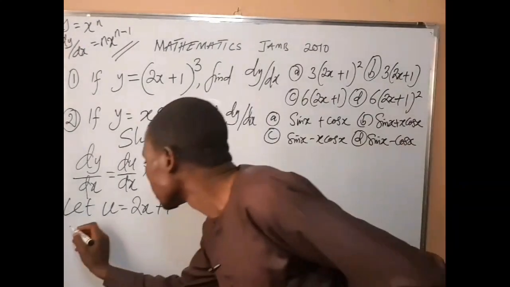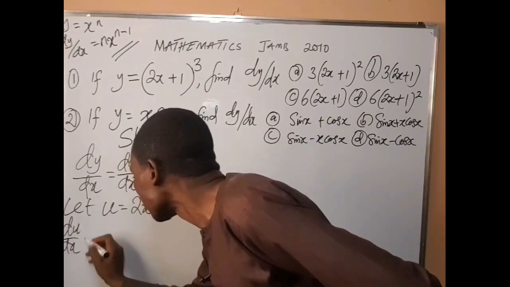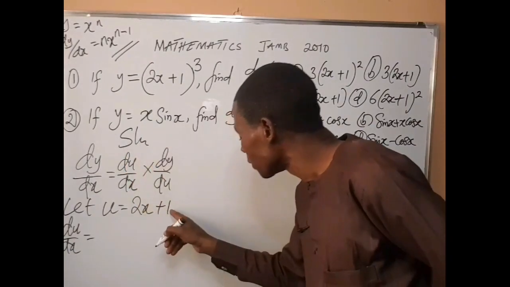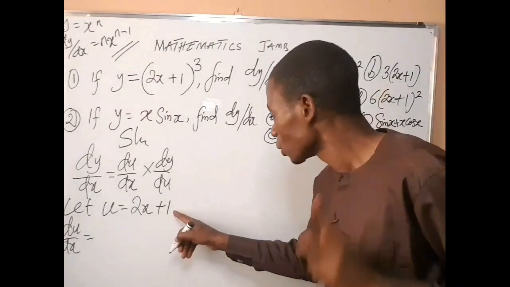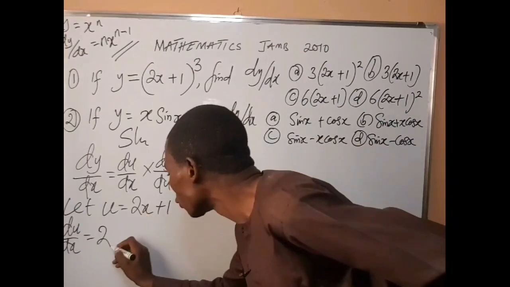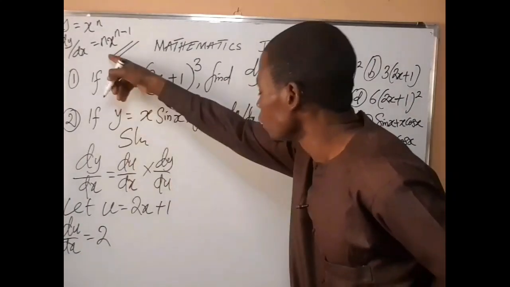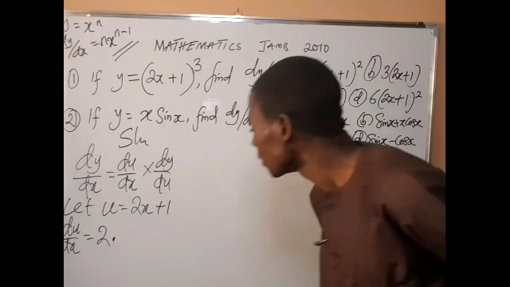All right, so that du/dx should be, when you differentiate a constant, it will be 0. And when you differentiate 2x, it will only give you 2, using this rule. Okay, so that is it for this.